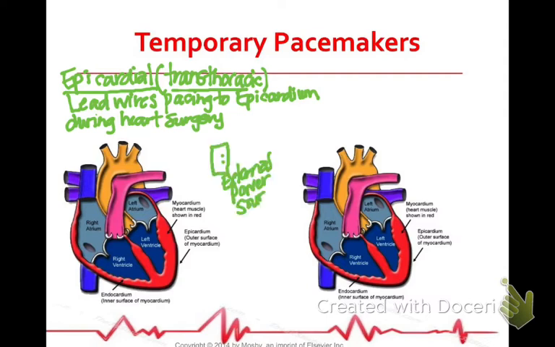So you got your external power source, and then see the epicardium is your outer surface. So your leads are going to pace to that. It's usually just temporary. And these will be taken out usually after surgery in ICU.